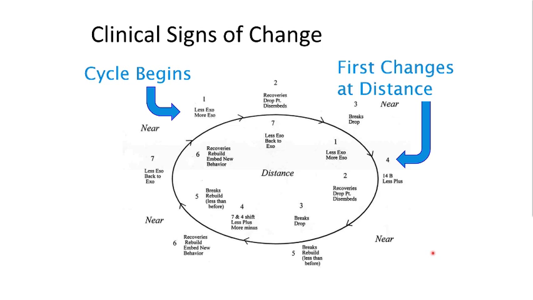What's happening at near? The plus buffer first is given up. The normal FCC or 14B finding is given up and it moves towards 0. At distance, that first plus 0.75 is given up and the person is moving towards emmetropia.